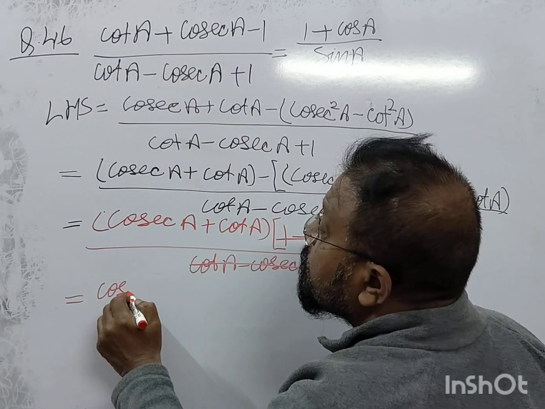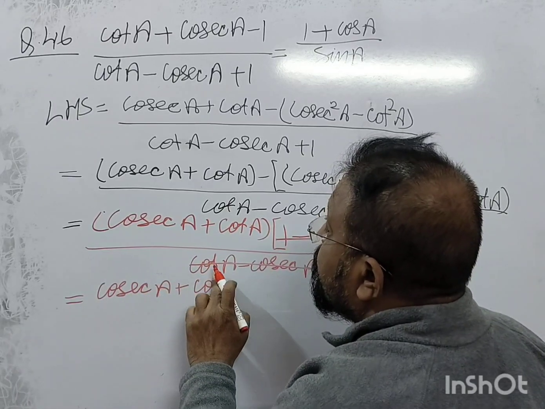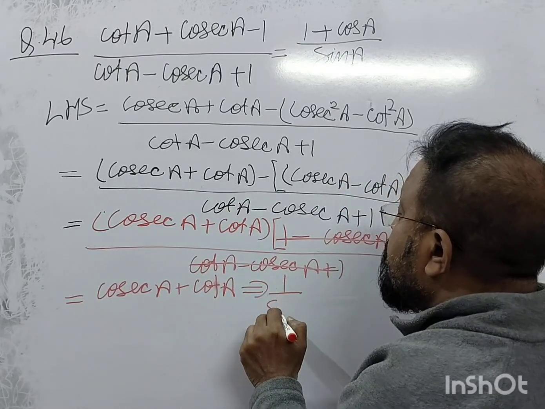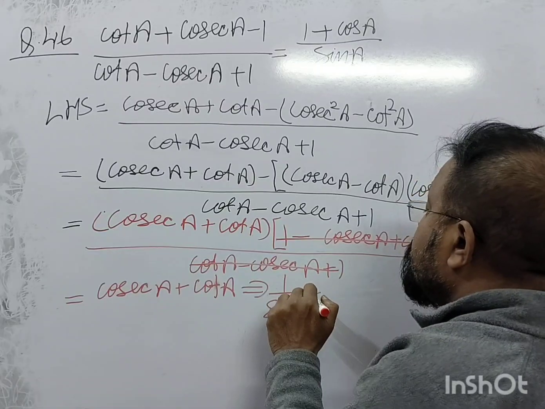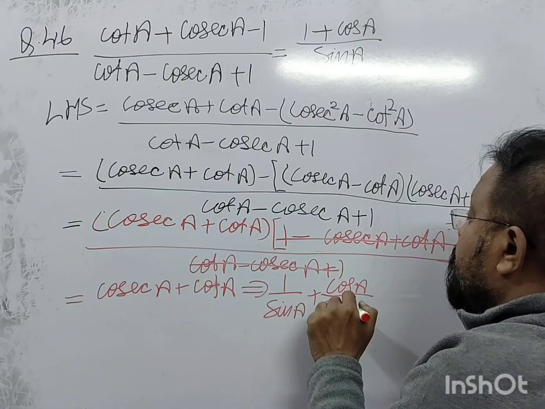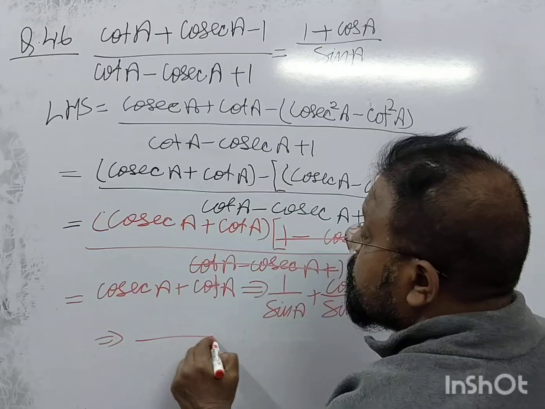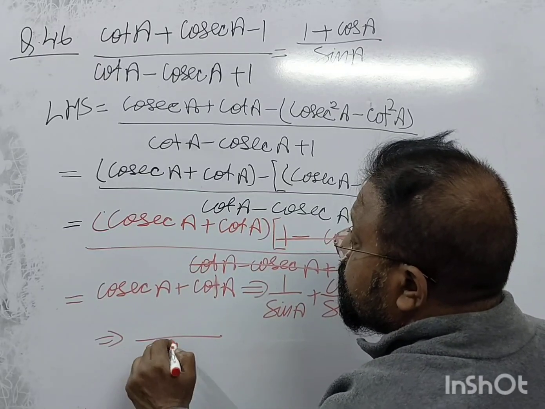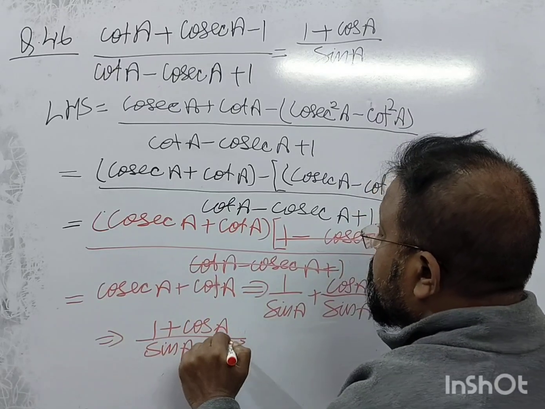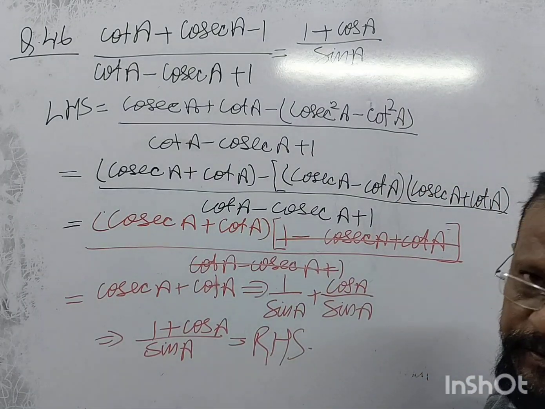So you get cosec A plus cot A. So you can write 1 upon sin A plus cos A upon sin A. If you take sin A as a common LCM, it becomes 1 plus cos A upon sin A, which is equal to RHS. This is the solution of this question.